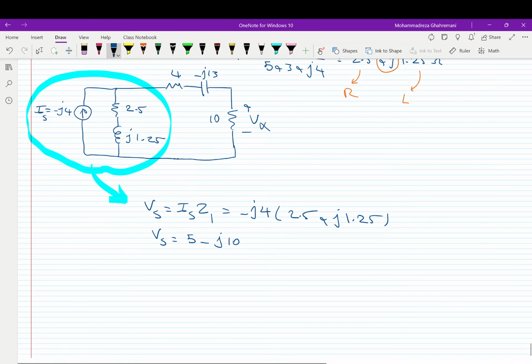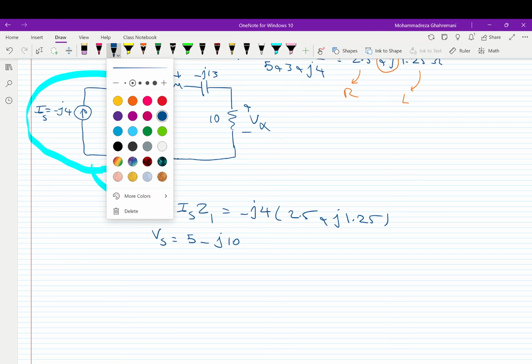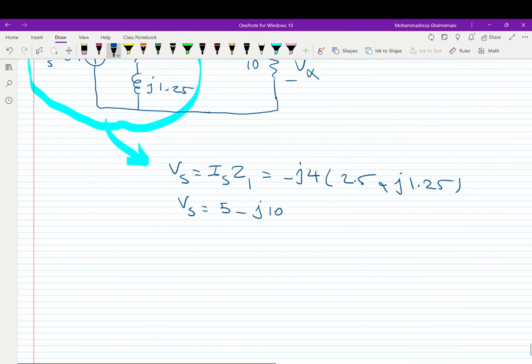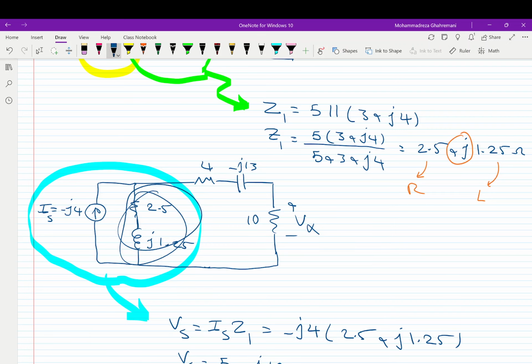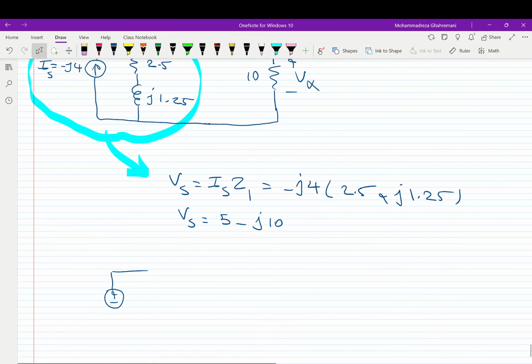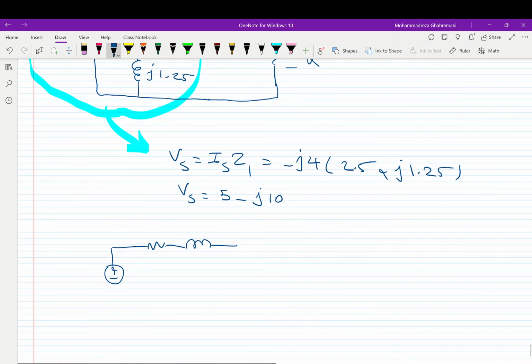So we redraw the circuit. The converted part is a new voltage source with the same impedance. The impedance was here, is here. So a resistor and inductor. The value of the resistor is 2.5. The value of the inductor is j1.25.